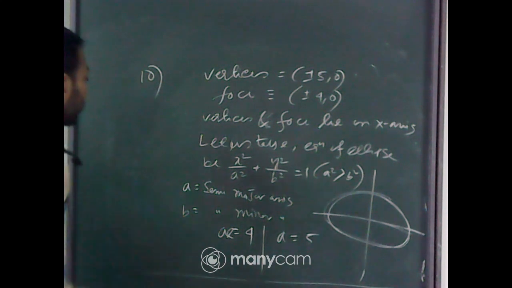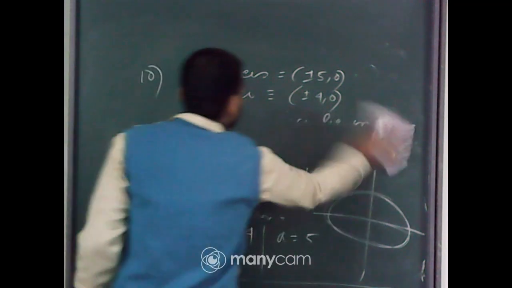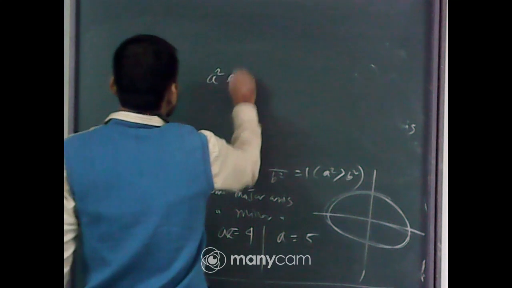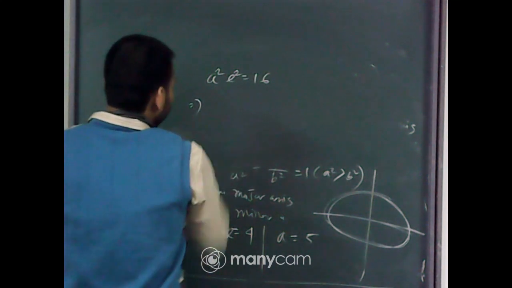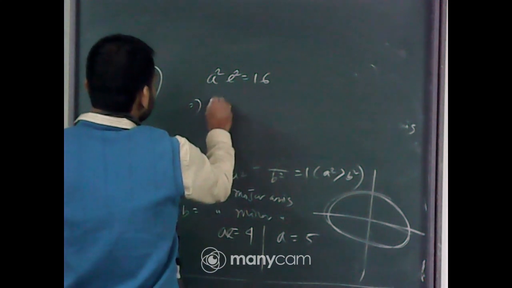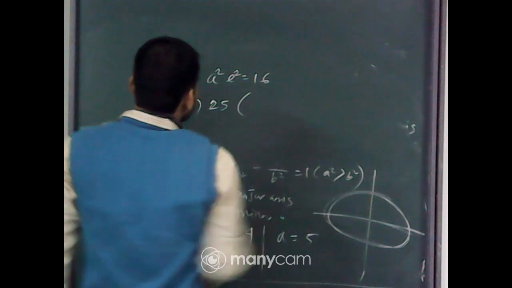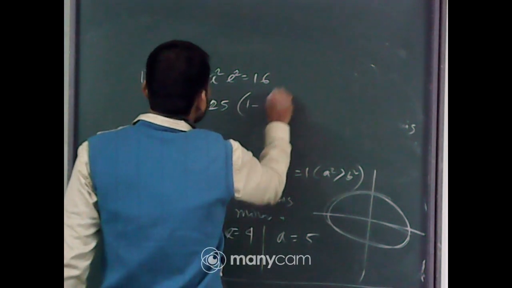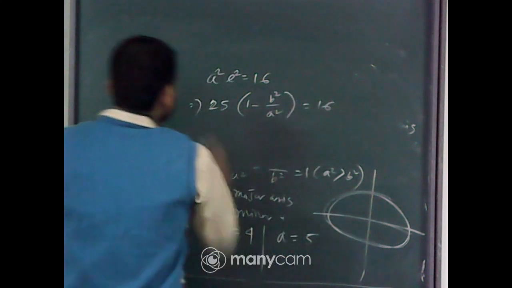Now we have to find the value of b. That means a square e square equals to 16. And a square means 25 into 1 minus b square by a square equals to 16.